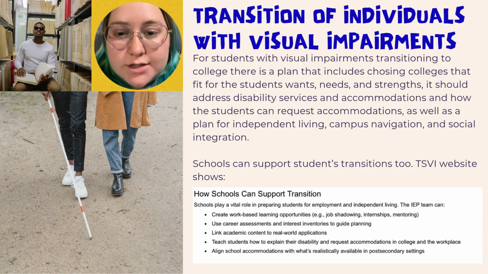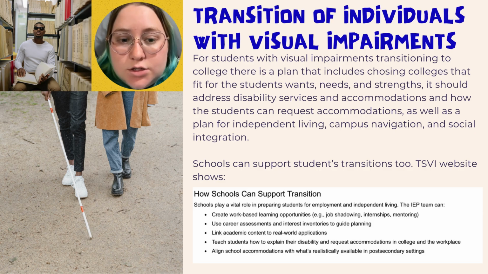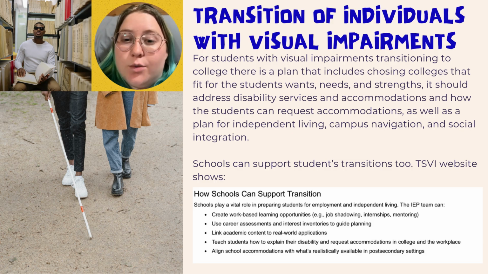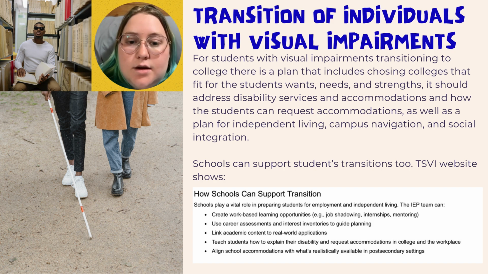It should also address the disability services and accommodations that the student needs and how the student can request accommodations as well. And a plan for independent living, campus navigation, and social integration as well. Schools can support student transitions as well.